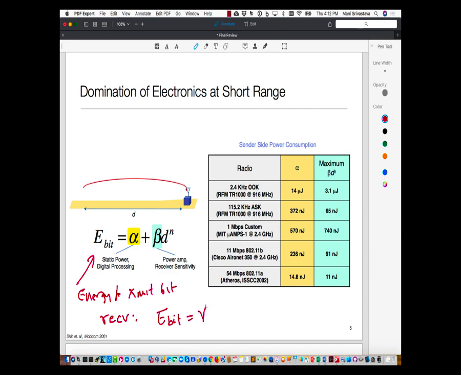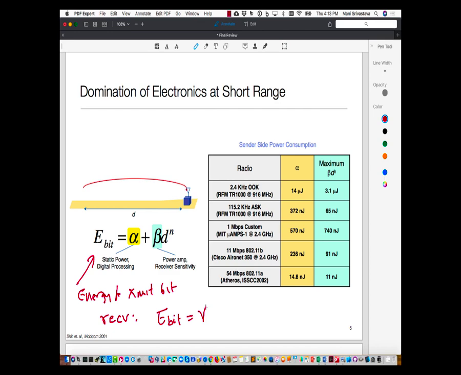Between short distance and long distance radios, the real difference is how dominant the distance dependent term is. For long distance radios, the distance term dominates because you have to send the bit over a long distance, so you have to transmit at a higher power so that after that decay, it is still received with an acceptable power.